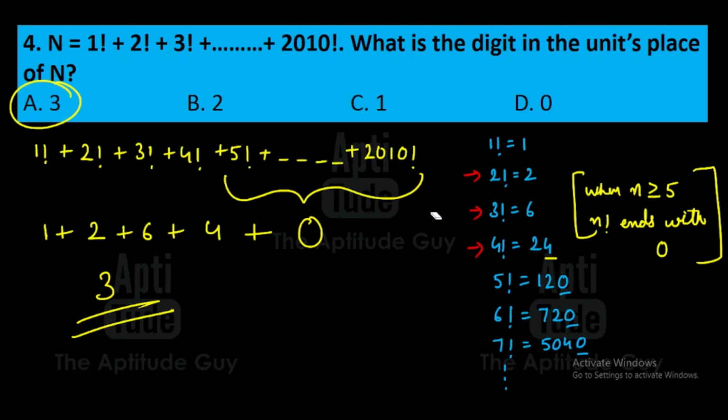So there are only 2 factorials which are odd numbers. That is 0 factorial, which is equal to 1, and 1 factorial, which is equal to 1. These two are the only odd factorials. Other than these two, every factorial is an even number. Why? Because ultimately everything gets multiplied with 2.